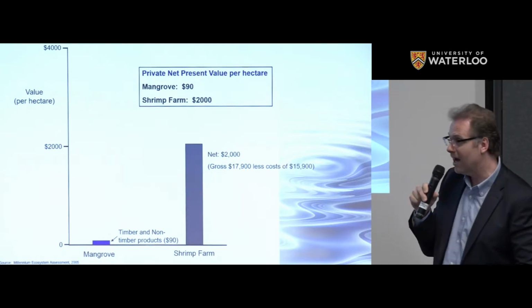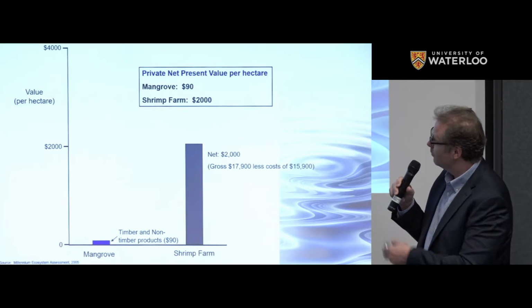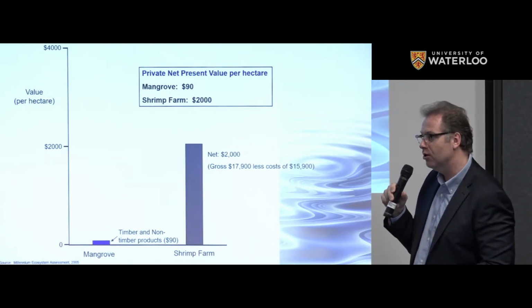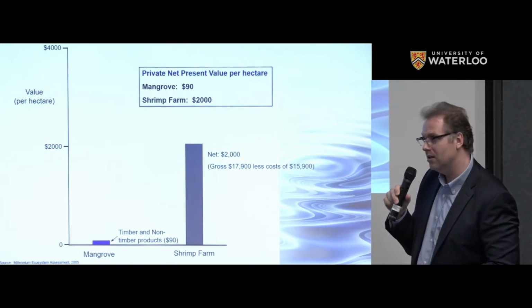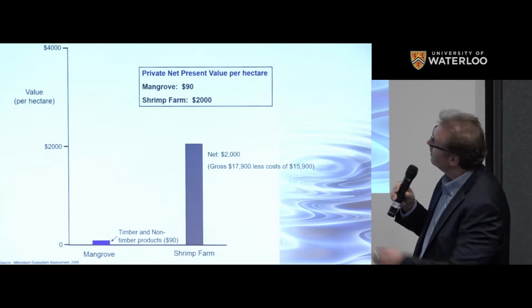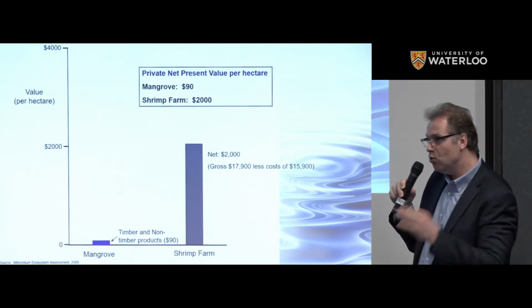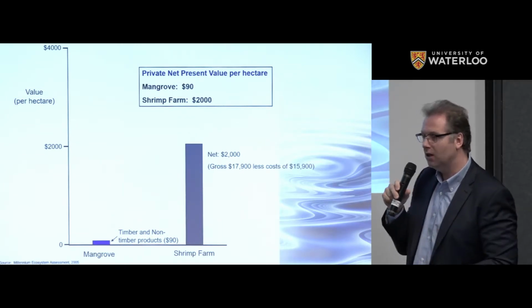If you then look at the net value for the shrimp farmers of 2,000, then any economist will tell you it's so much more beneficial to go for shrimp farming than to keep the mangroves there for timber and non-timber products. So the decision is based on an economic analysis that only includes those goods and services that we can easily sell and trade on a market.